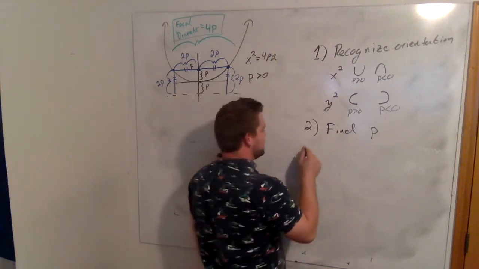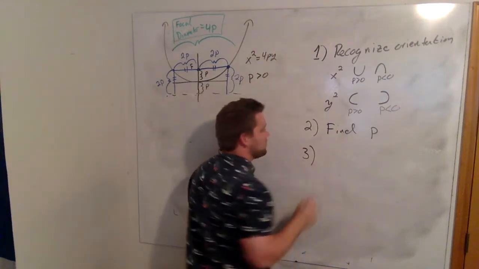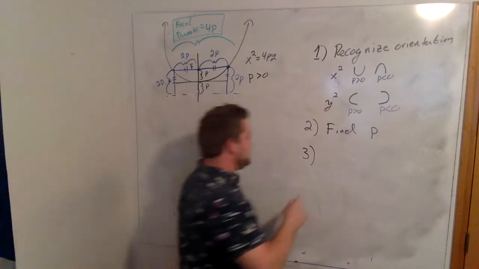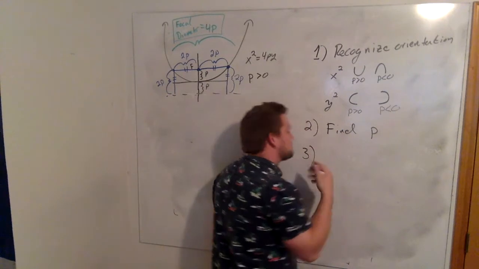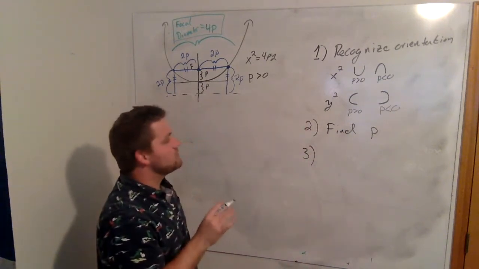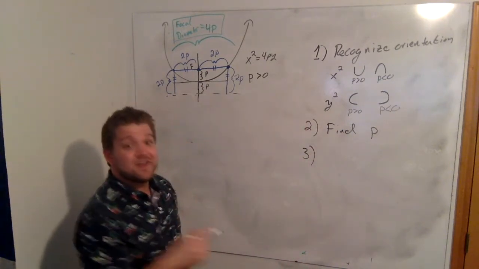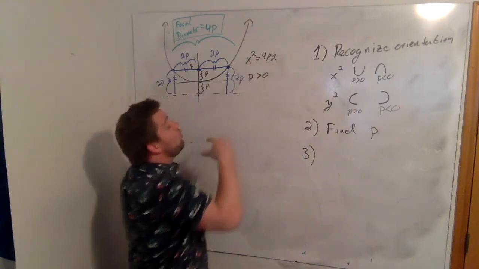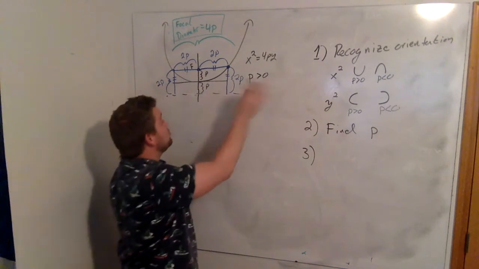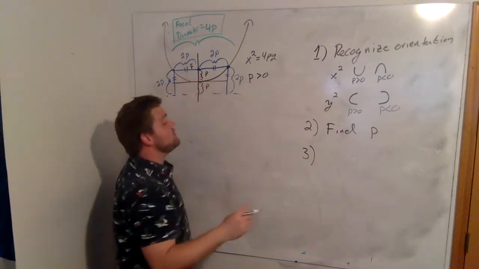The third thing you're going to need to do is graph the parabola, and you need to know the orientation. For x squared equals 4py, for these situations, the vertex will always be at the origin.